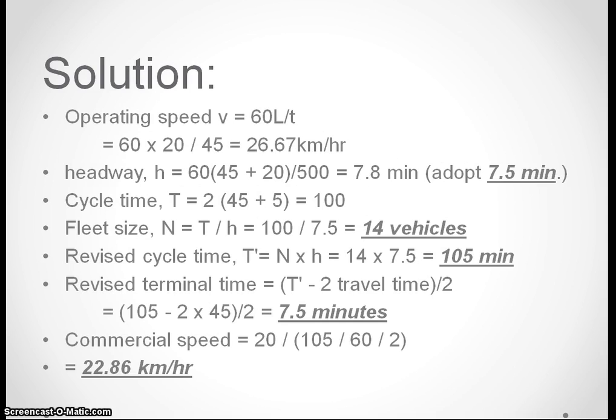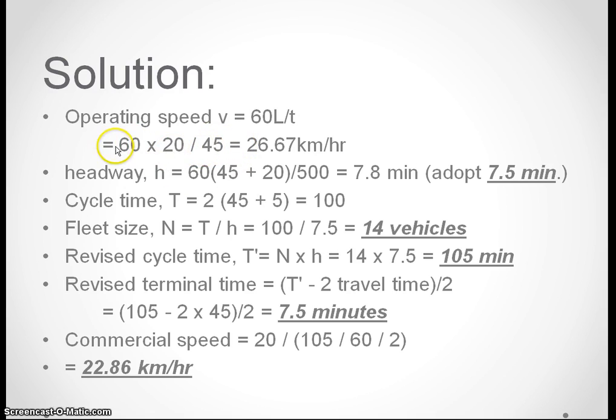Okay, now the operating speed is the length of travel divided by time, L divided by T, times 60 to convert to kilometer per hour. So now you have 20 kilometers, and we have 45 minutes.